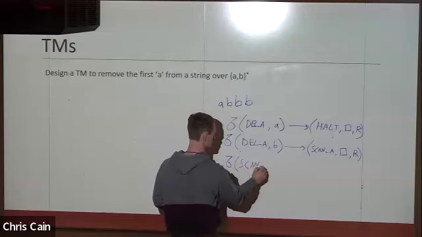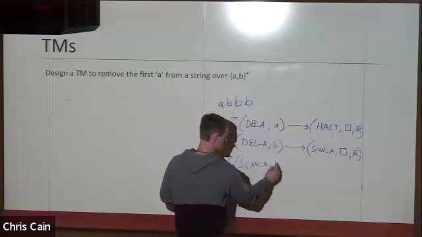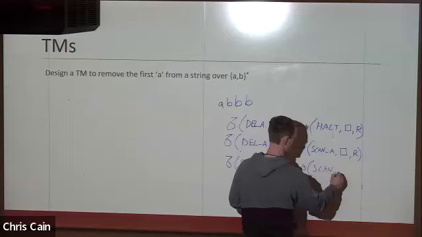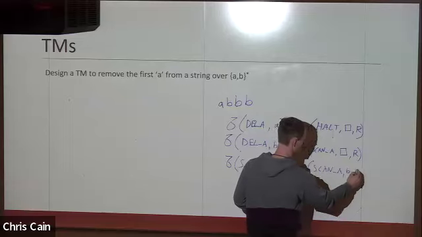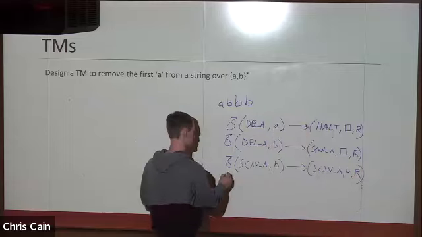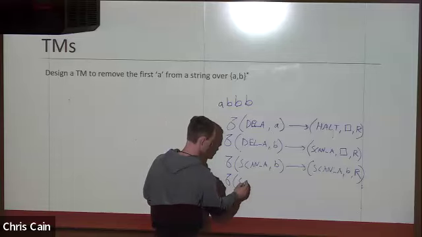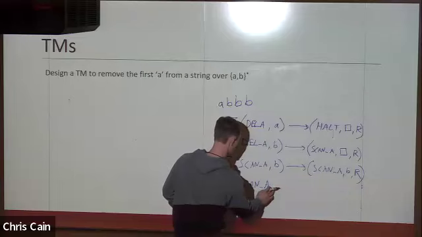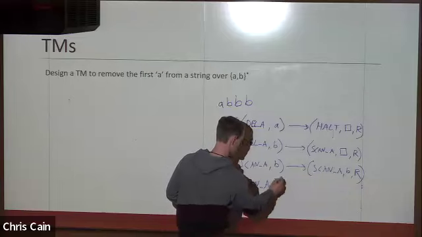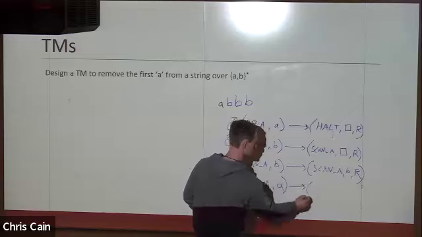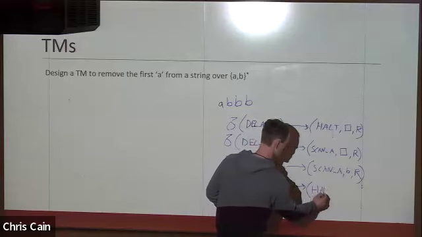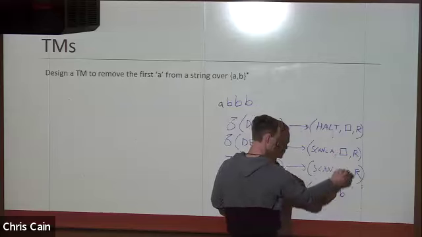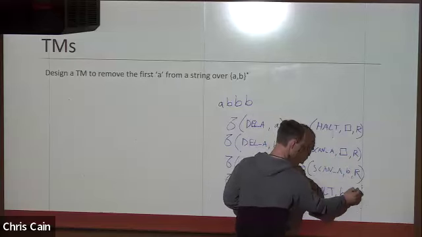Two rules: we see a B, keep scanning, and we also write a B. But if we see an A, then we can halt. We write B because we had removed one B already. Doesn't matter where we move, but we're done.